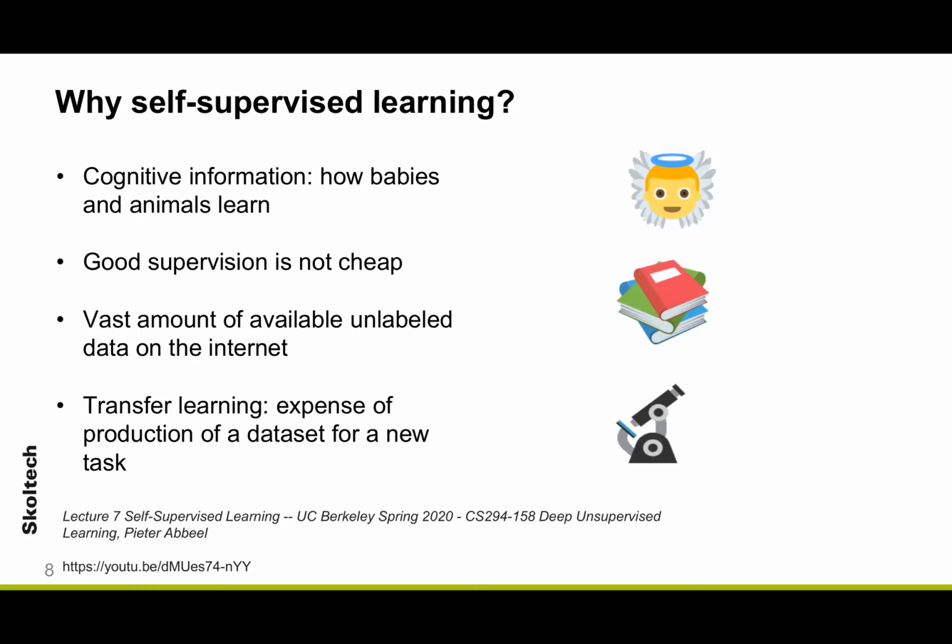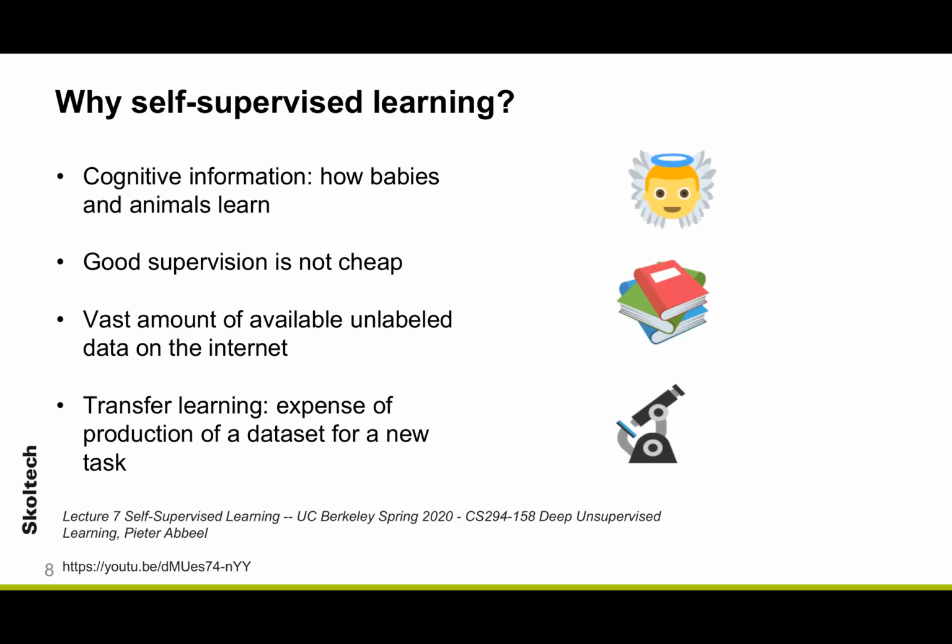And we hope that with these representations, we can do efficient transfer learning. We don't need a lot of labeled examples to solve a new problem. We just collect a small labeled data set, or no labeled data set at all, and try to solve this new problem, and solve it well.